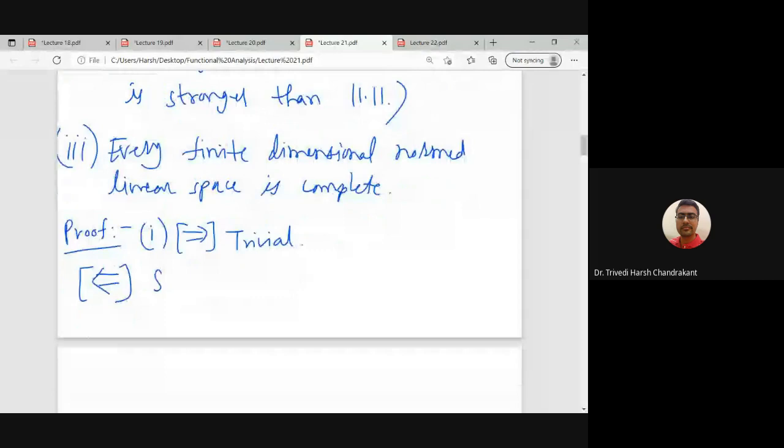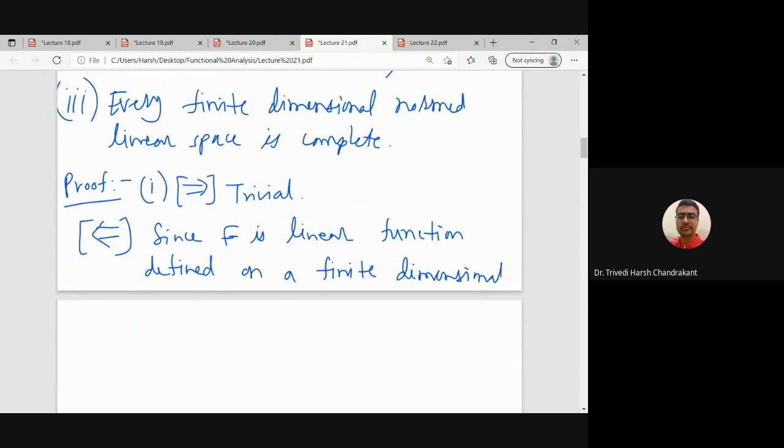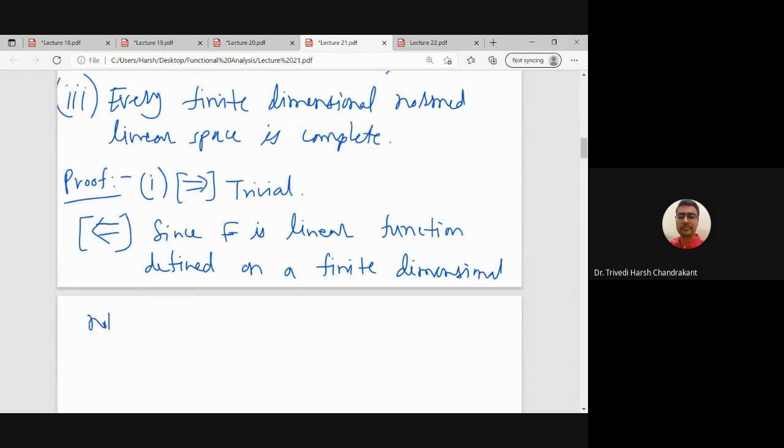So since f is a linear function defined on a finite dimensional normed linear space, f is continuous.